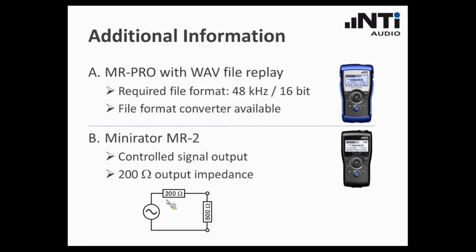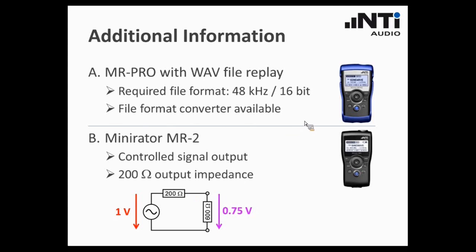Now, if we would, for instance, connect a 600 ohm load to it, and we would adjust 1 volt output voltage at the generator, then only 0.75 volt will actually arrive at the load, because the difference, the 0.25 volt, will be dropping across this internal output impedance of the MR2.